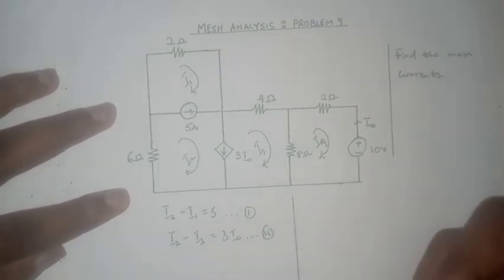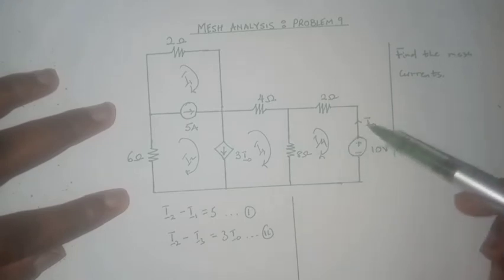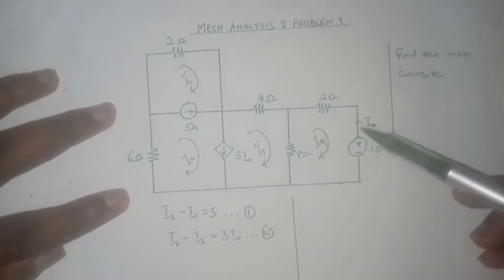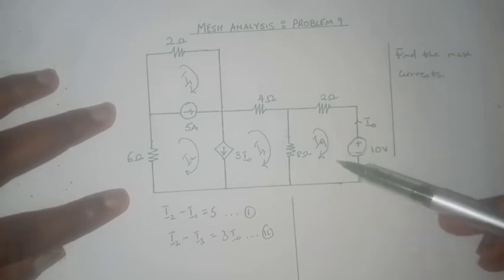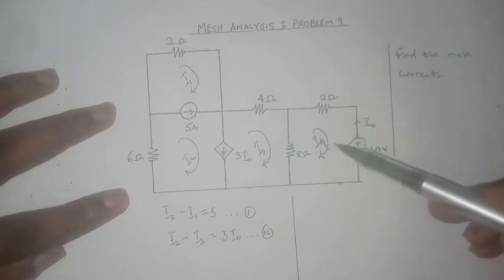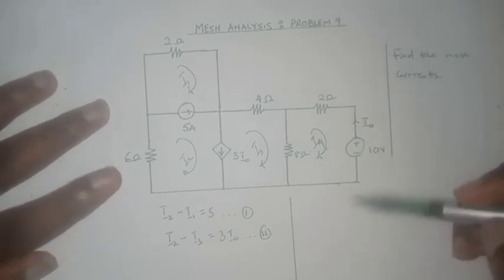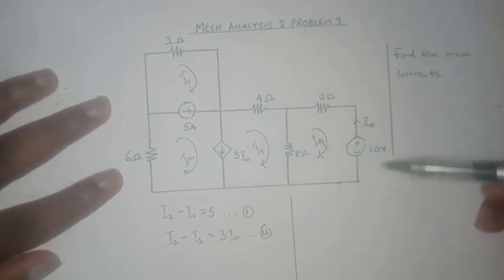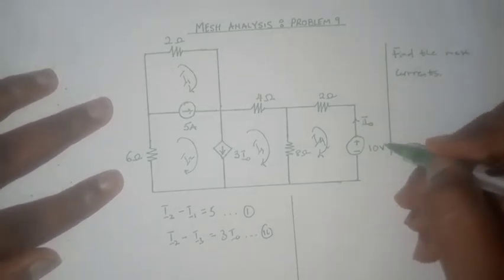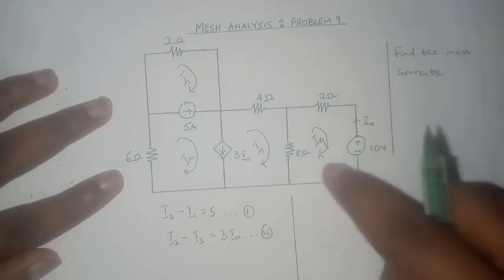Now, what is the value of I naught? We see from here that this is where I naught is, and I naught is directly opposing the mesh 4 current. For that reason, I naught has to be the negative value of the I4 current.